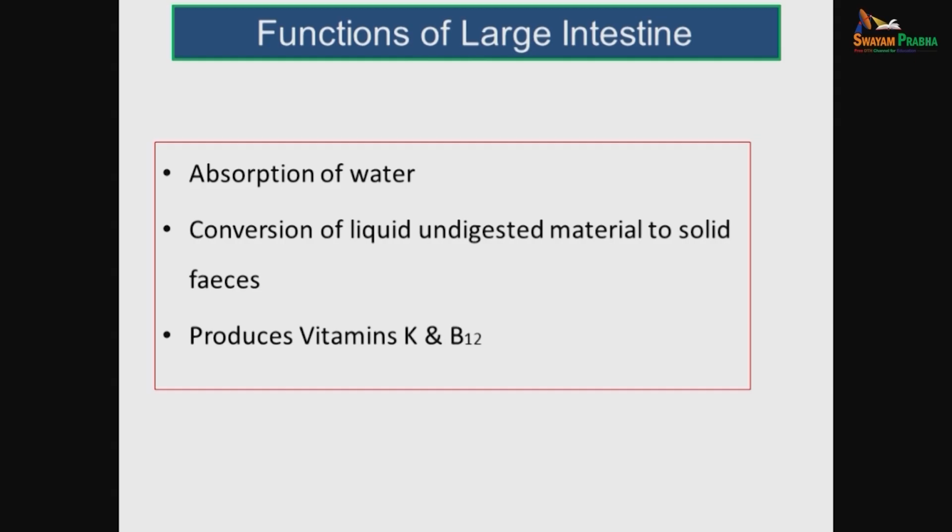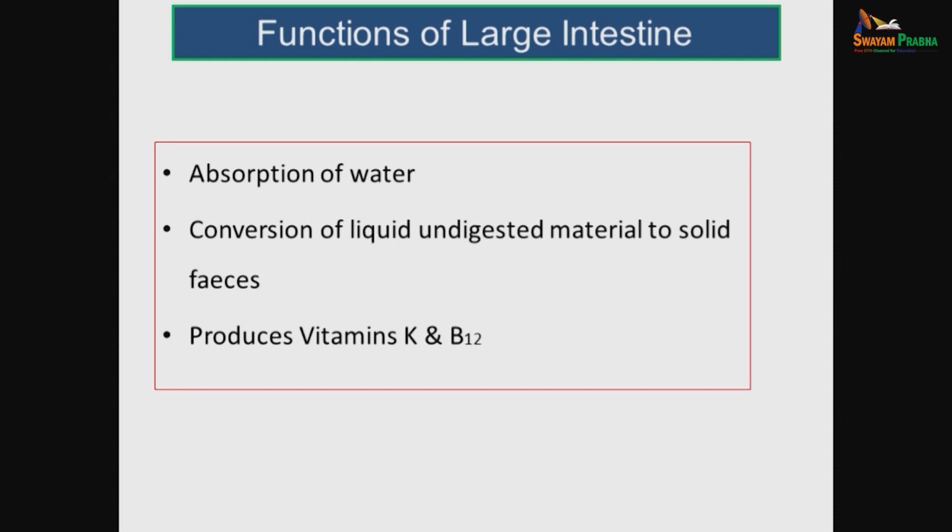Whatever is ingested, the nutrients, the water, everything is absorbed in the small intestine, mainly in the jejunum and ileum. Whatever undigested material along with the liquid, that is water, enters the large intestine is converted into solid feces by absorption of excess water, thereby ensuring that the body retains the maximum water.